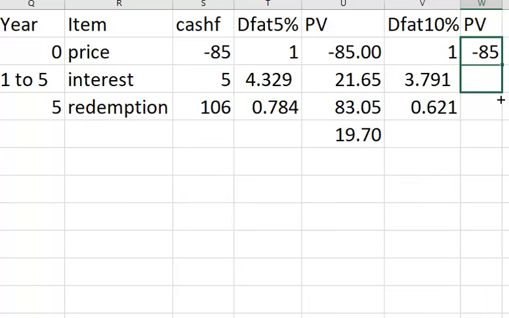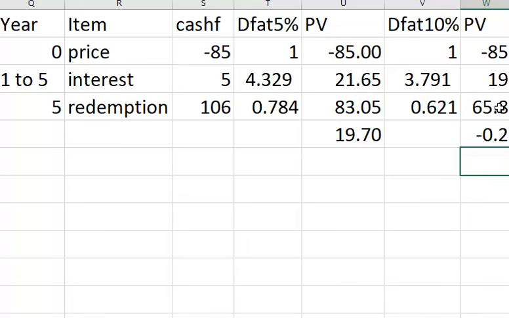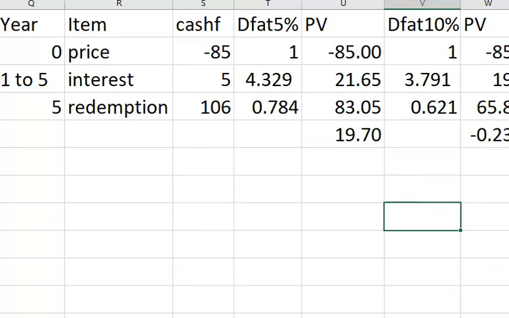You can just copy the formula and get the answer now. Yeah, so you're getting something like a negative 0. Yeah, we prefer 2 decimal places, so that's it. So we are now correct.